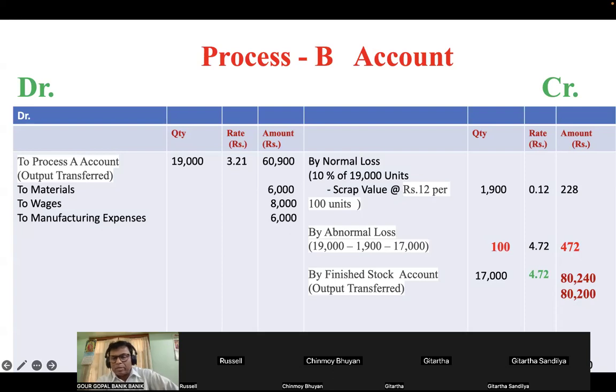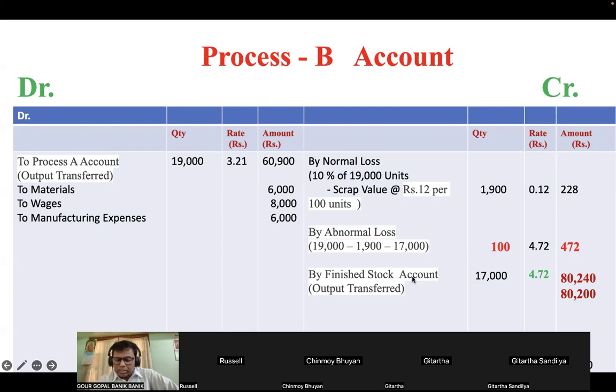Dear friends, please remember, normal loss is absorbed by the good units produced. Please remember my formula: abnormal loss ranks equal with the good units produced.